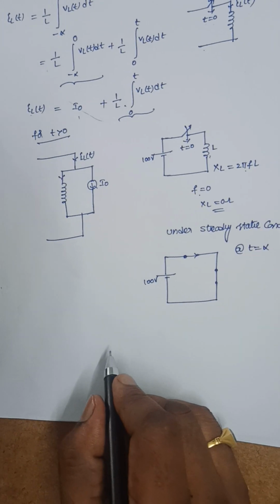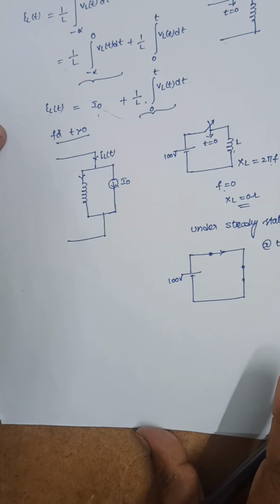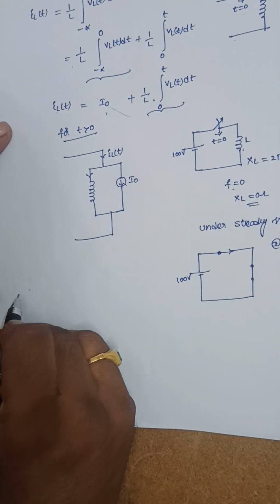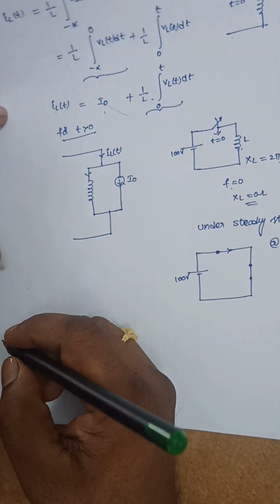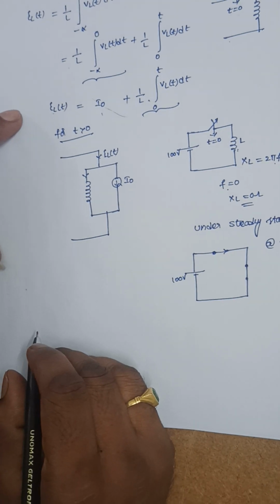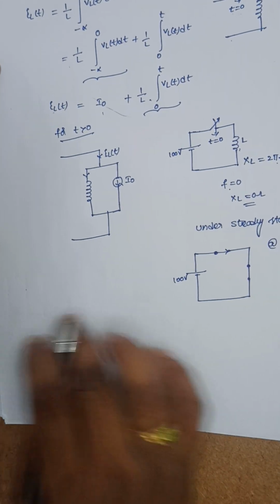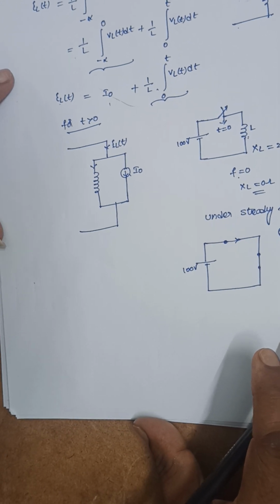Finally, what I want to say here is the representation of this inductor at t is equal to 0 minus, at t is equal to 0 plus, at t is equal to infinity, and for t greater than 0. So these four are important for analyzing the transient analysis.